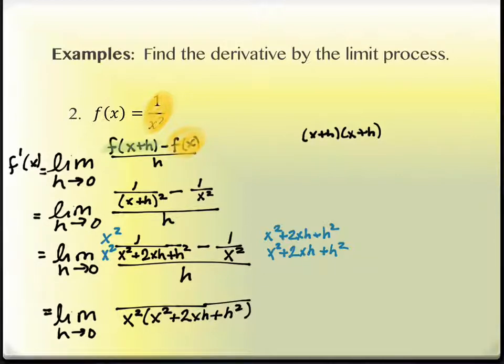So I don't really want to clean things up by multiplying it out. That won't help me. And my first numerator is x squared. My second numerator is subtraction of all of this, right? So it's minus x squared and minus 2xh and minus h squared.